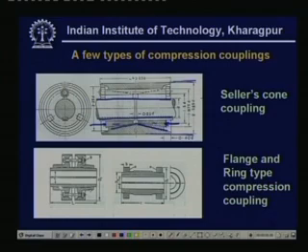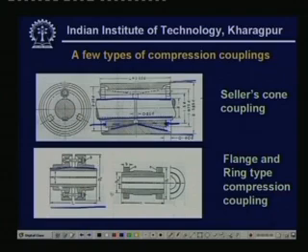Then we have another kind of coupling, this is known as flange type or ring type coupling. What you see here is a flange type coupling. You see here we have a continuous sleeve, but this is not straight, it is made a little conical, and there are flanges put on top of the sleeve, but these two again have a conical surface, and again these two flanges are tightened by means of bolts.